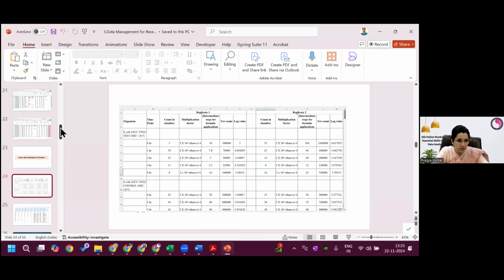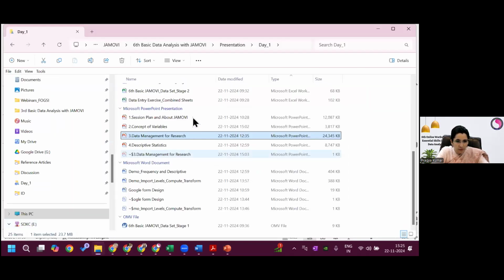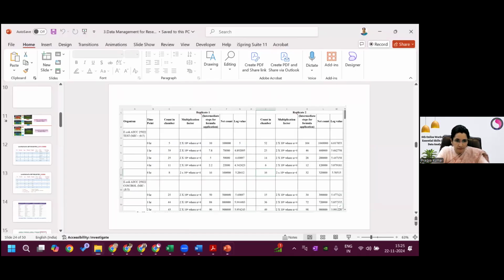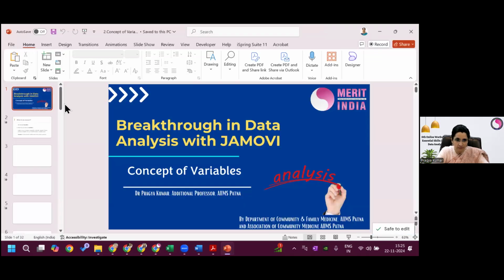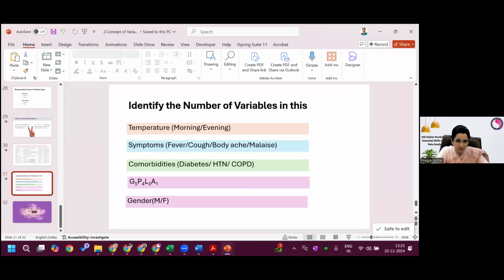Okay, this was some other exercise, na? Let me show you. Concept of variable. Understood. I'll again go back to that slide. Can you recall this exercise?